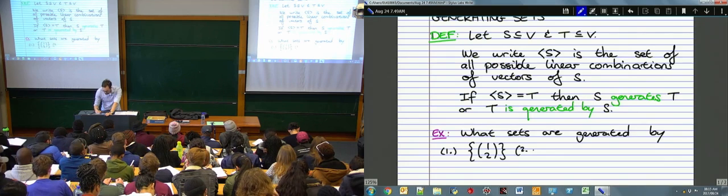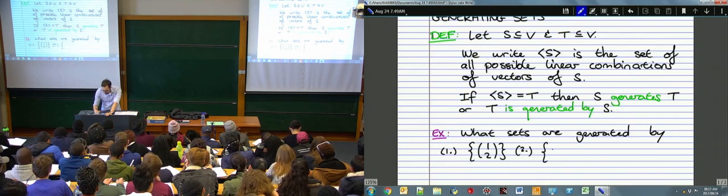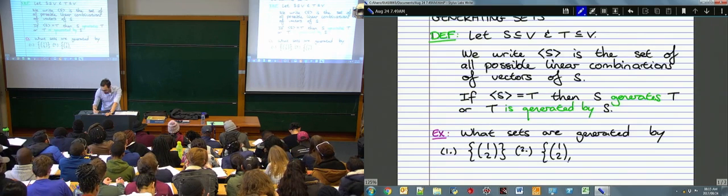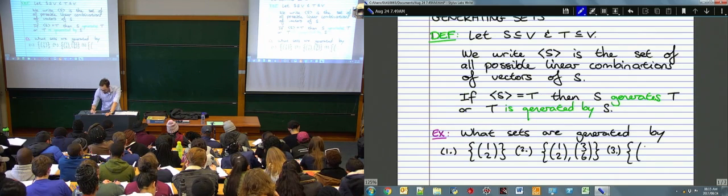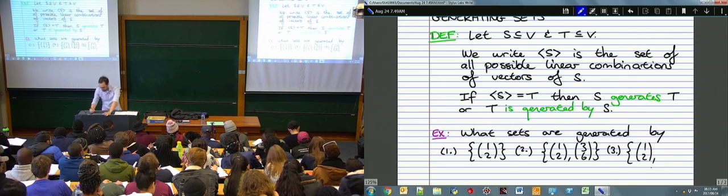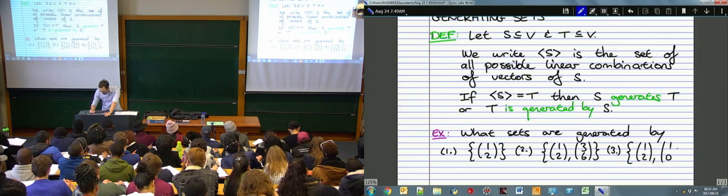And then second question, what is the set which is generated by this set 1, 2, 3, 6? And the third question, what is the set generated by 1, 2, 1, 0?